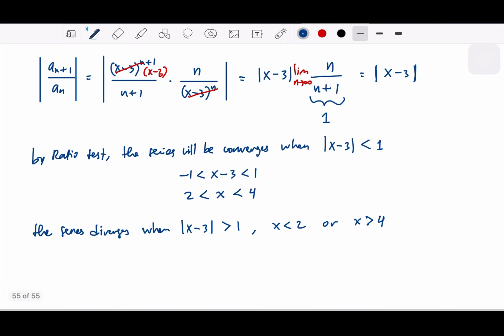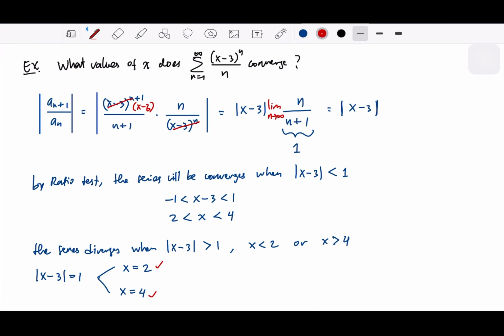Now the last one is the inconclusive one, right? If we have the absolute value of x minus 3 equal to 1, so we must consider that x is equal to 2 or x equal to 4. The next step is we are going to check x equal 2 and x equal 4 in our formula. So we are going to put x equal 2 into x minus 3 with power of n, and it becomes negative 1, right?